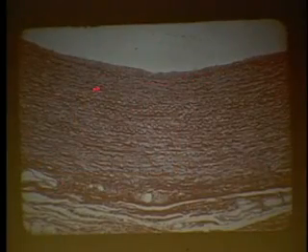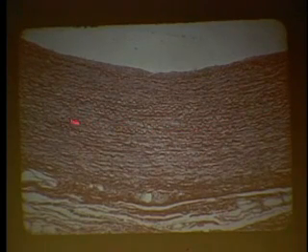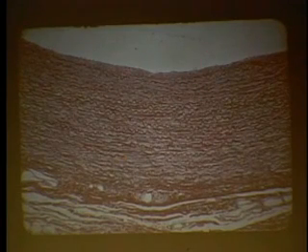What kind of an artery is this? Pardon? Elastic artery, right. You don't see the muscle, you don't see anything but little wavy lines which are elastic fibers. So when it expands after the heartbeat, these can contract and help propel the blood. So which is not an elastic artery?